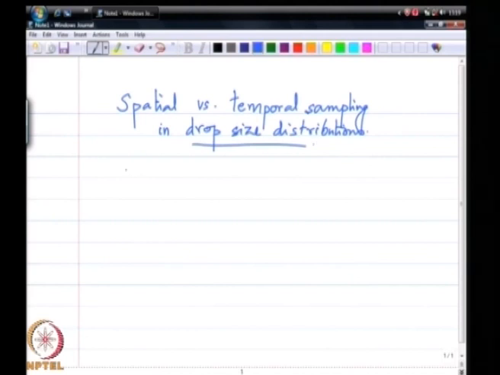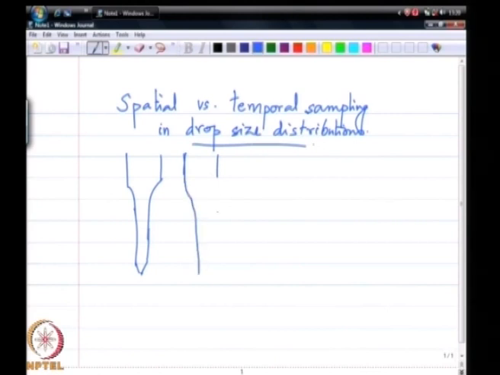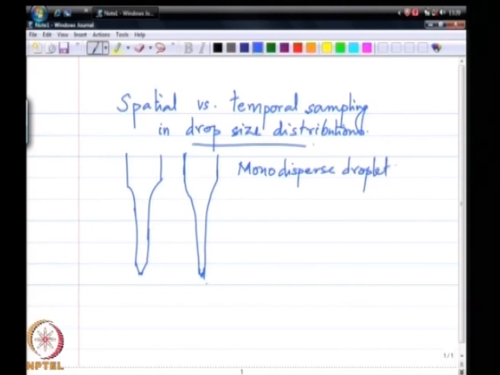Okay, let us take a couple of monodisperse droplet generators. So, these are monodisperse generators.